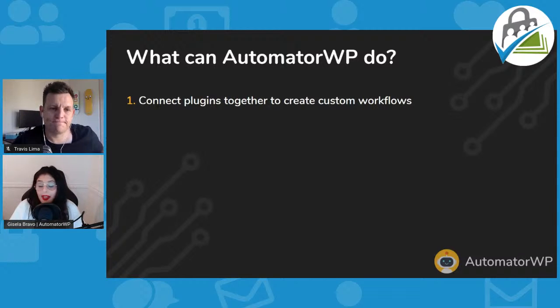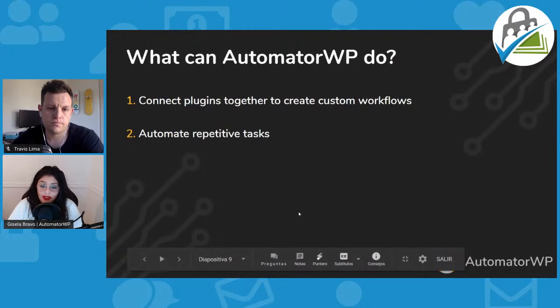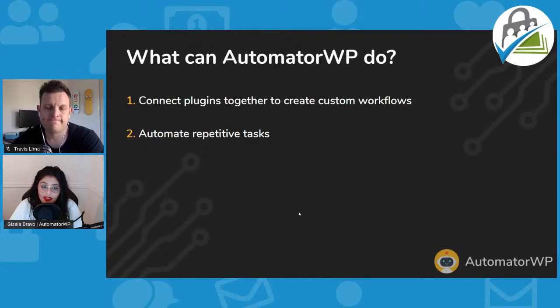Okay, so I'm giving examples just to give inspiration, and just to give some ideas of what you can do with all the features that we already have in Automator WP. The other interesting feature that I think we cannot forget about is repetitive tasks.